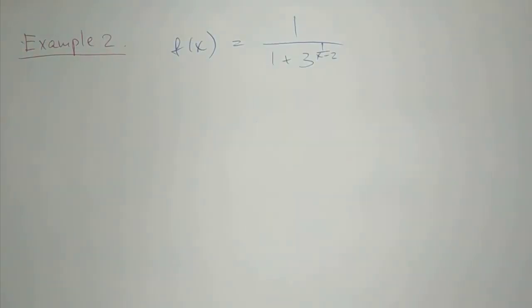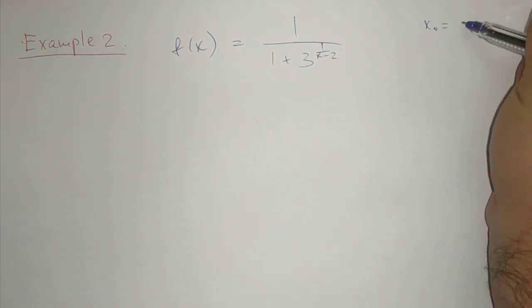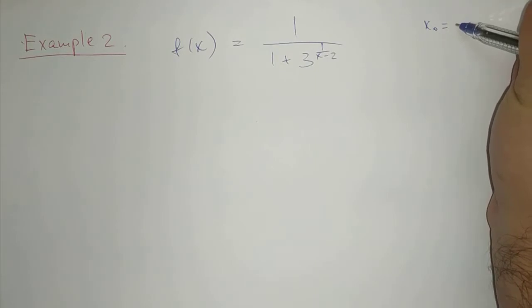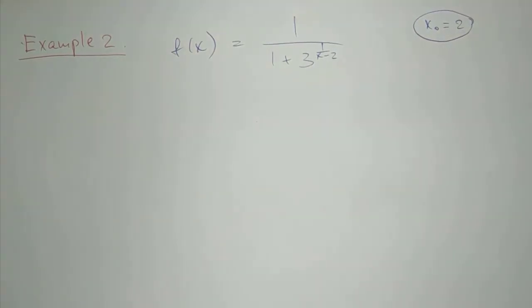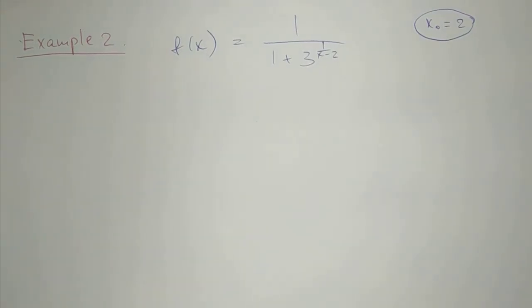Here we can see the function is defined except at the point x0 equals 2. We will need to consider the point of discontinuity, the exceptional point where the function is not defined.